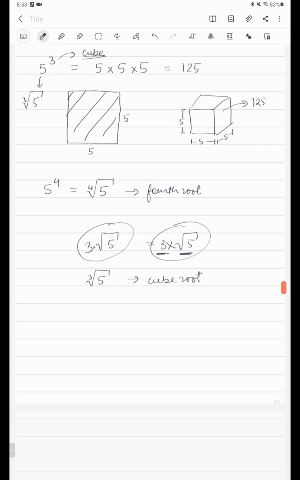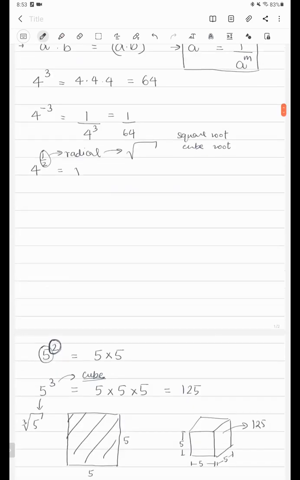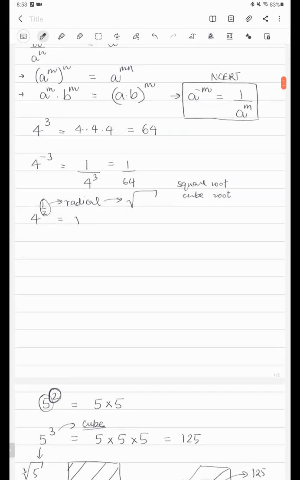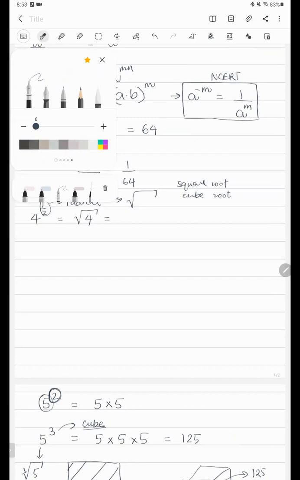All right, so let's go back to what we were doing. 4 to the power 1 by 2 means the square root of 4. And what is the square root of 4? 2. Yes, the square root of 4 is 2.